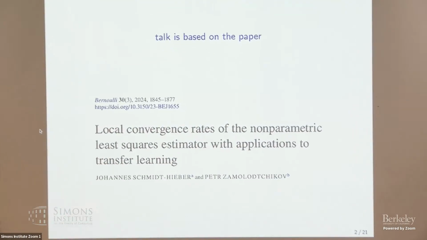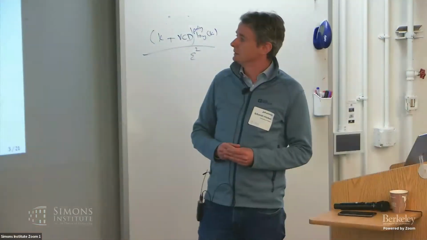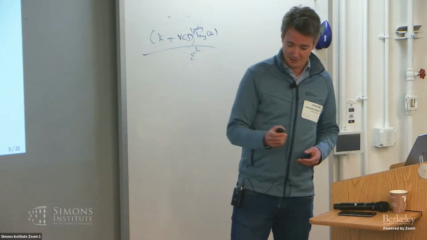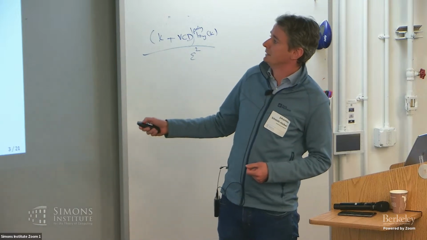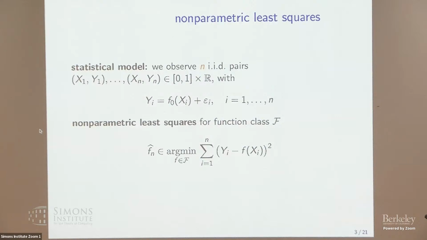And what's the problem? We look at the so-called non-parametric regression model. We have n training samples, and we believe they're generated from this model. The responses have an unknown function f0, the regression function, and the xi's are drawn IID from some distribution.